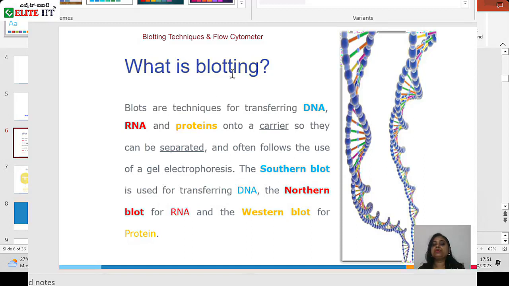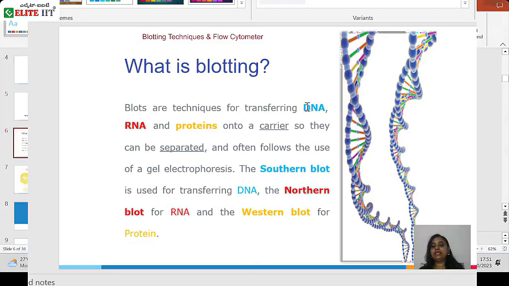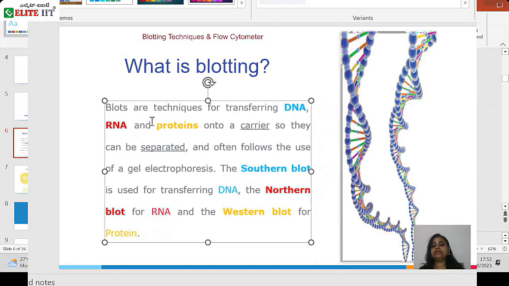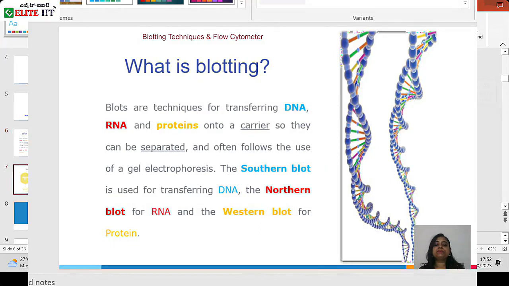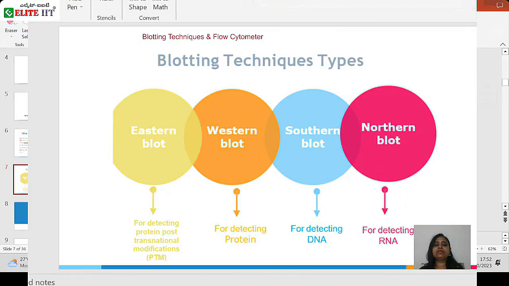Okay, so why do we do the blotting process? Through the blotting process, we do the identification of DNA, identification of RNA, and identification of proteins. Now if you consider the Western blot, through the Western blot we generally identify proteins. So this is specific for protein.